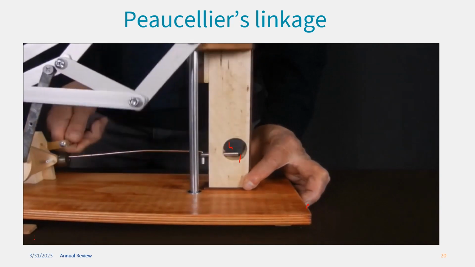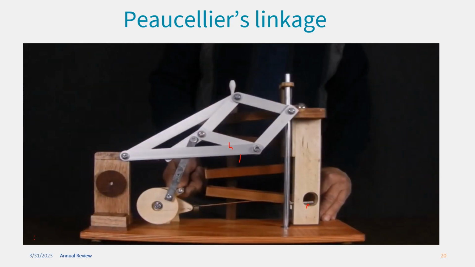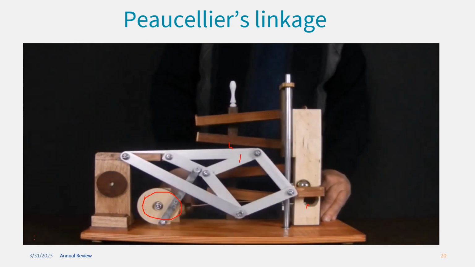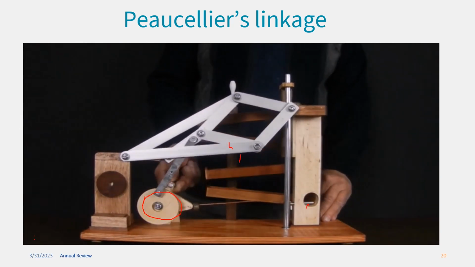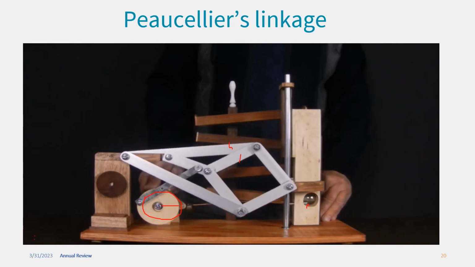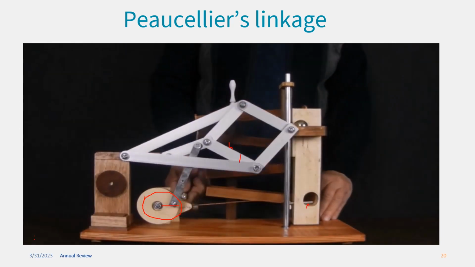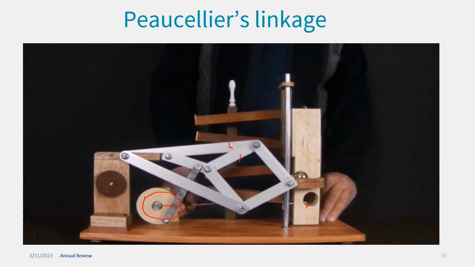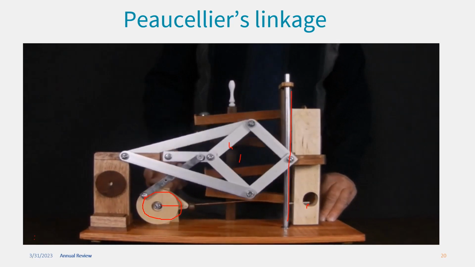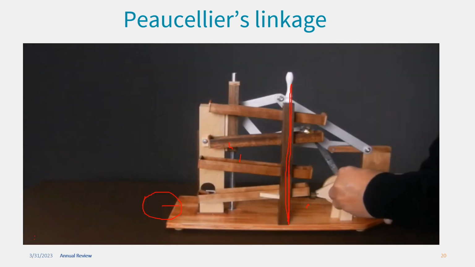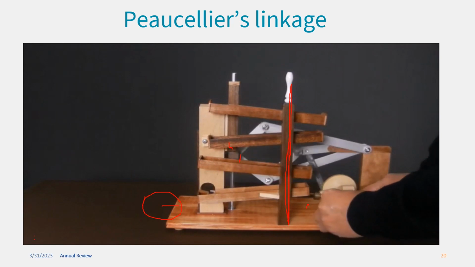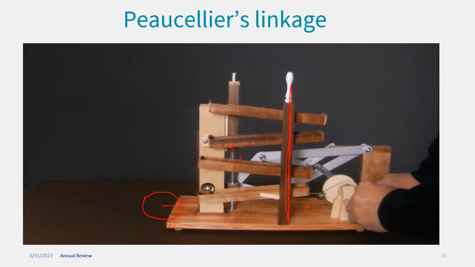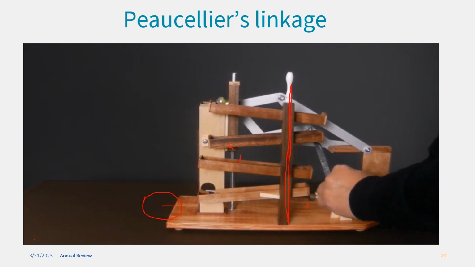As we observe in here, this is the inversion circle, and this will be the radius of the circle. We're creating a circular motion in here, and this one, as we can see, creates an upward and downward motion. That thing explains how the Peaucellier linkage works.